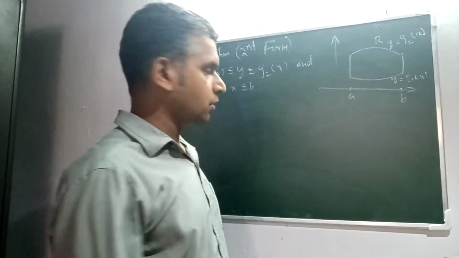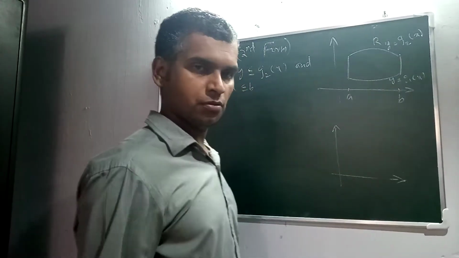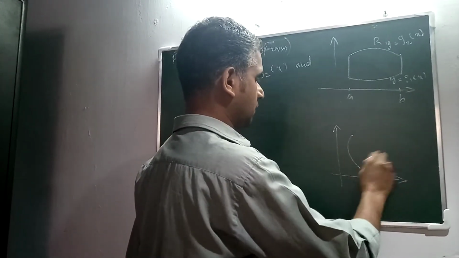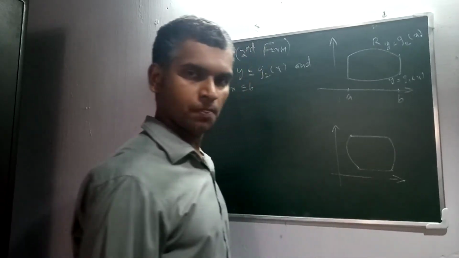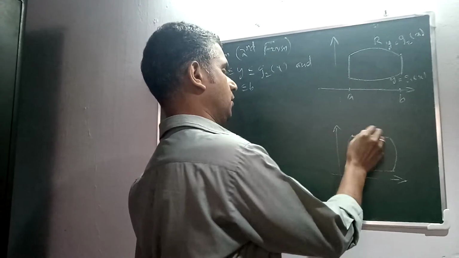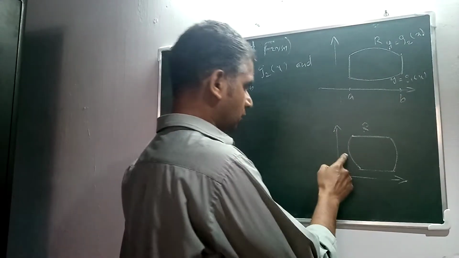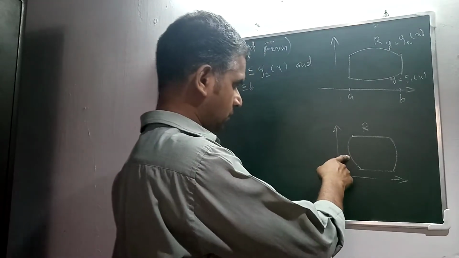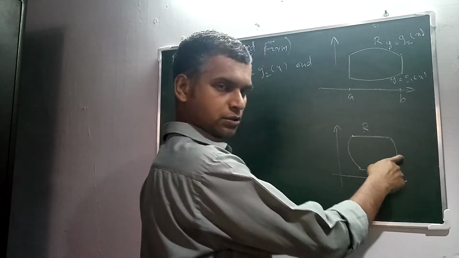Okay, we can have another region. So it is, let us say, something like this. So R may be of this form. So this is a continuous function of y. This is another continuous function of y.